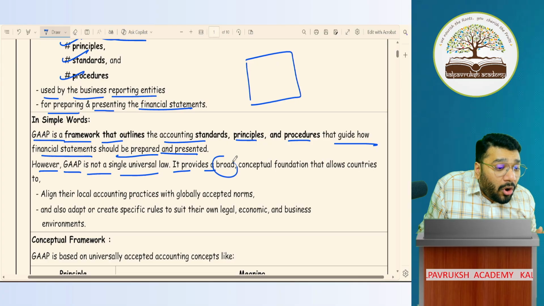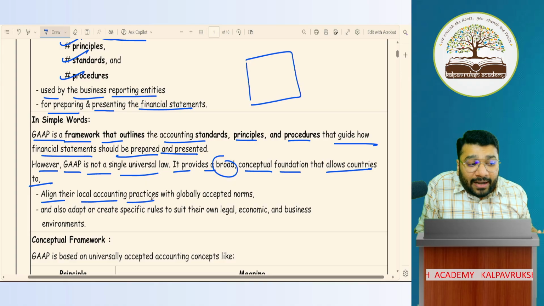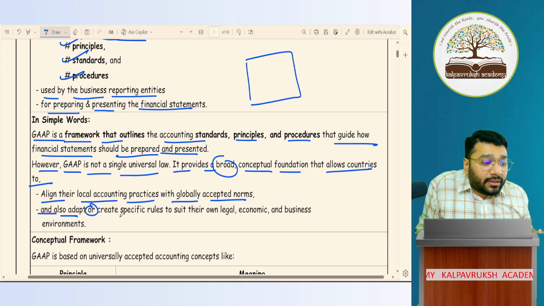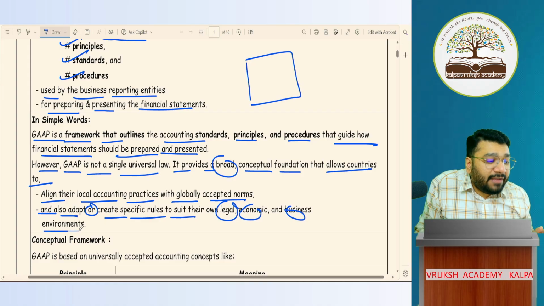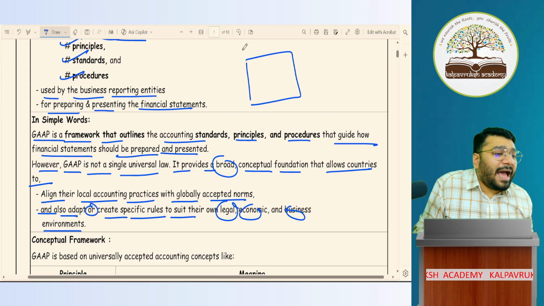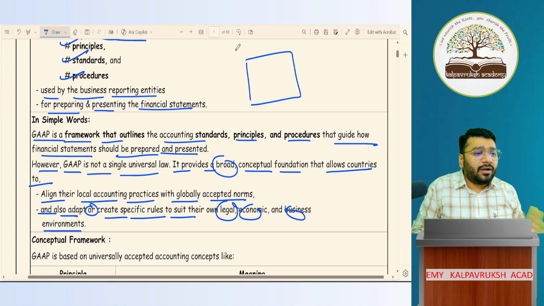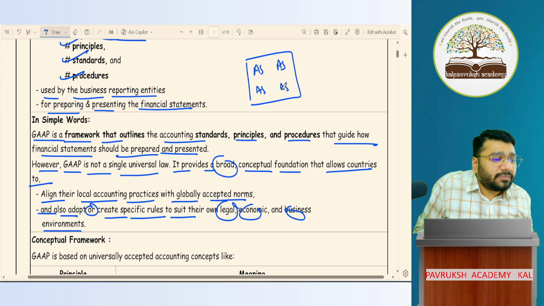It provides a broad conceptual foundation that allows countries to align their local accounting practices with globally accepted norms and also adopt or create specific rules which suit their legal, economic, and business environments. So basically, this GAAP is a very, very flexible framework. It's a very broad framework within which all of you have to develop your accounting standards.